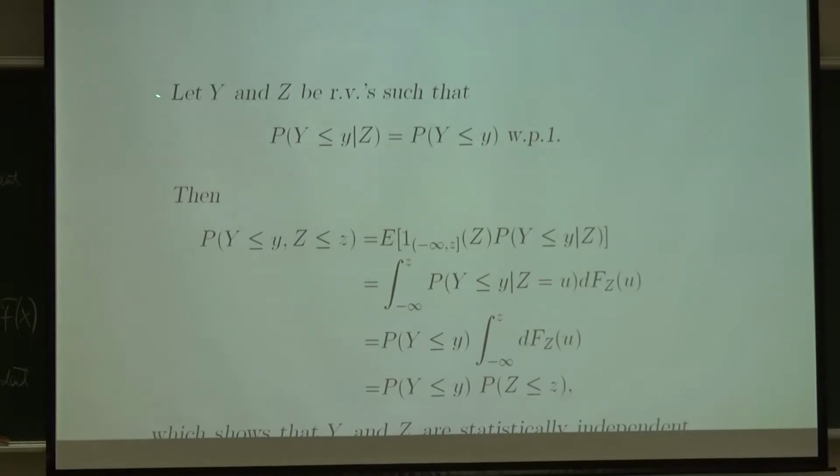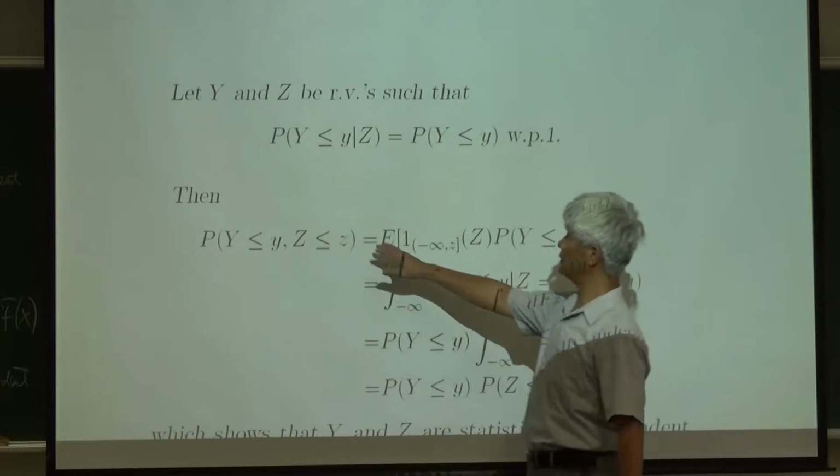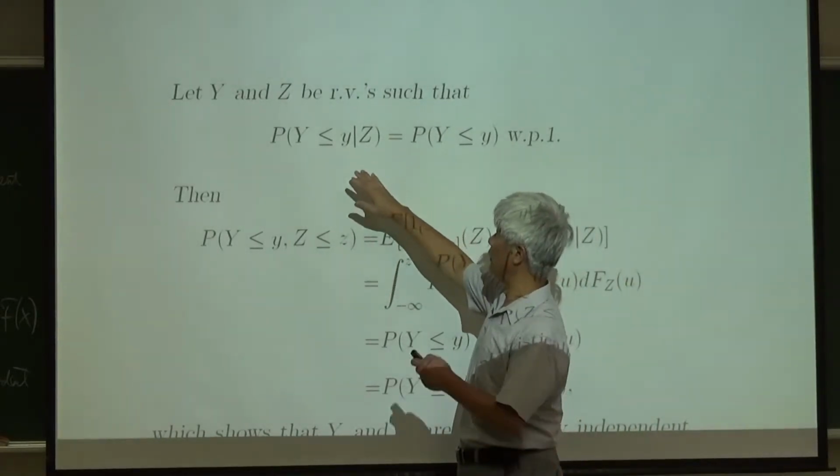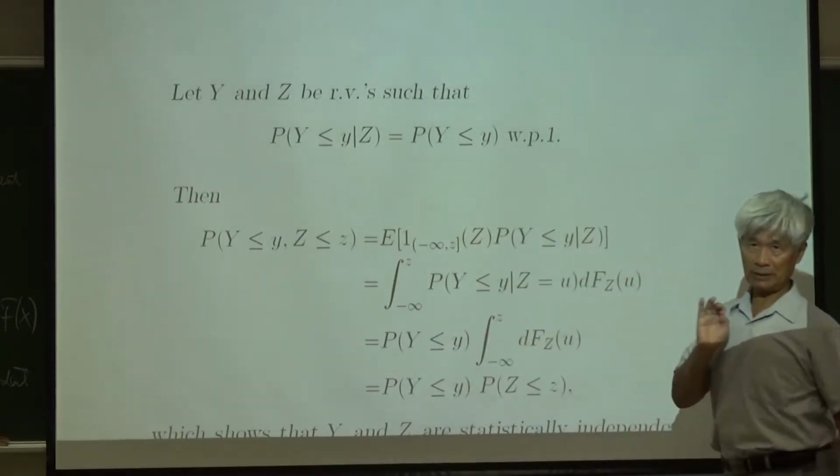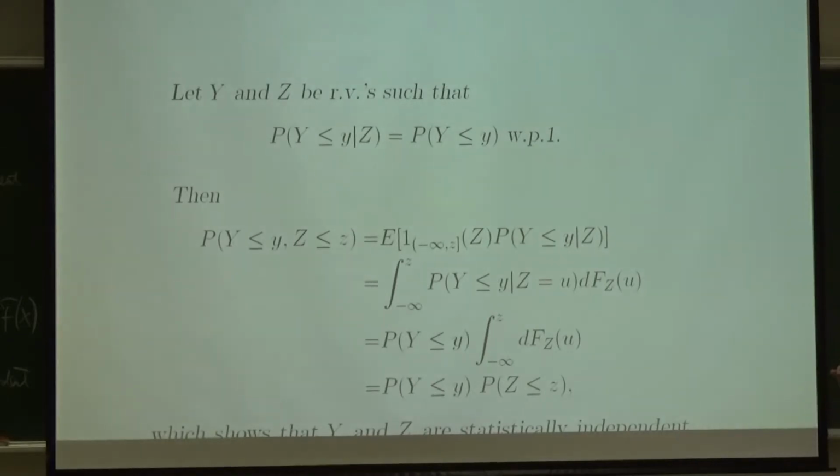We suppose that we have this property for the two random variables, and we know that this is true. Then we will show that Y and Z are statistically independent. To show that two random variables are statistically independent, we have a theorem that says the joint distribution of Y and Z is equal to the product of their marginal distributions.